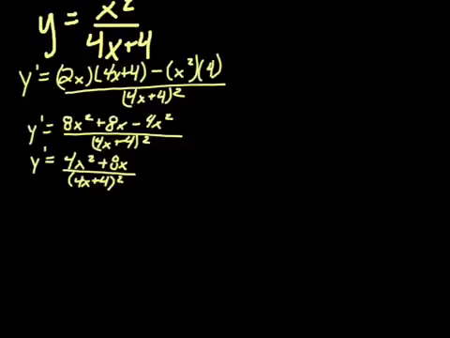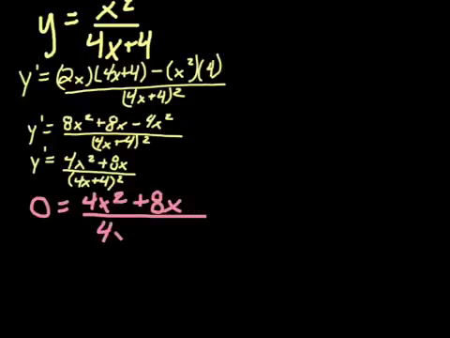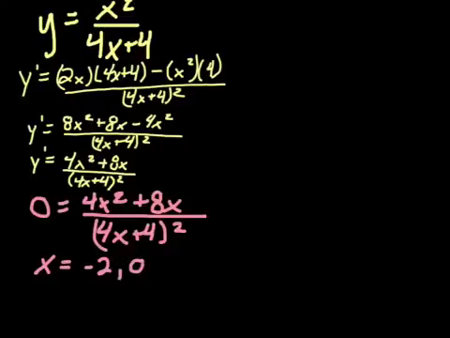Next, we make it equal to 0. So 0 equals 4x squared plus 8x over 4x plus 4 squared. And from there, we can solve for x, and x equals negative 2 and 0.